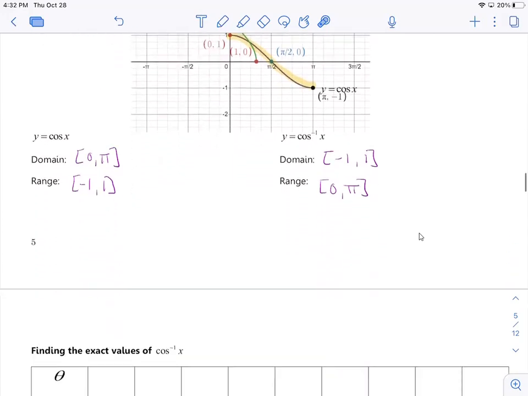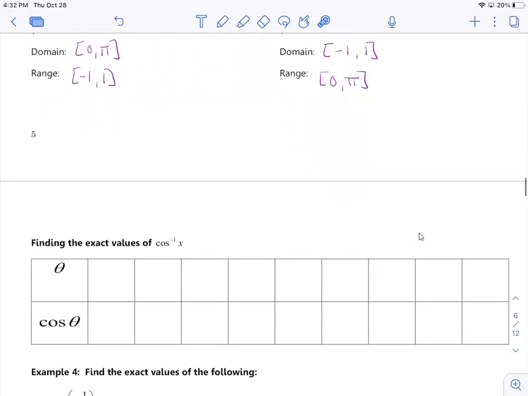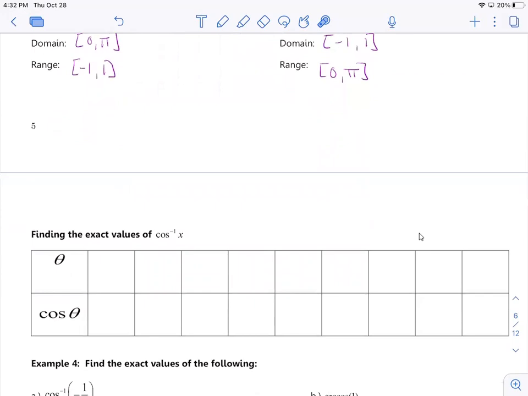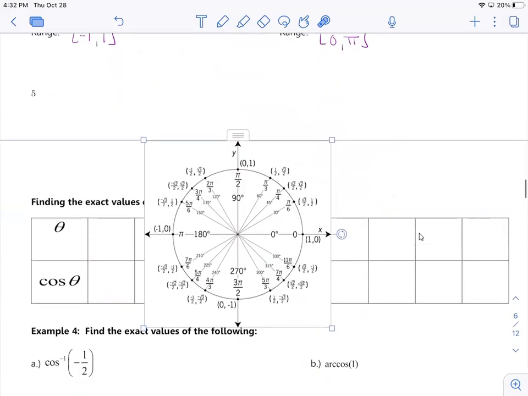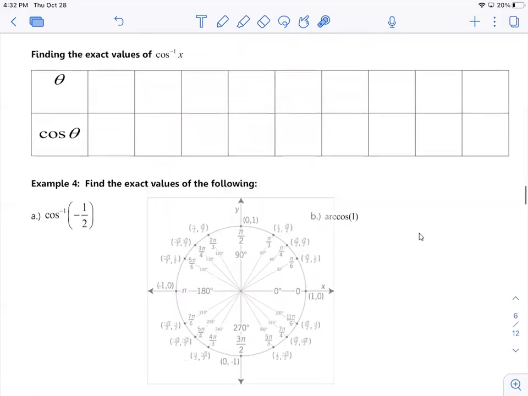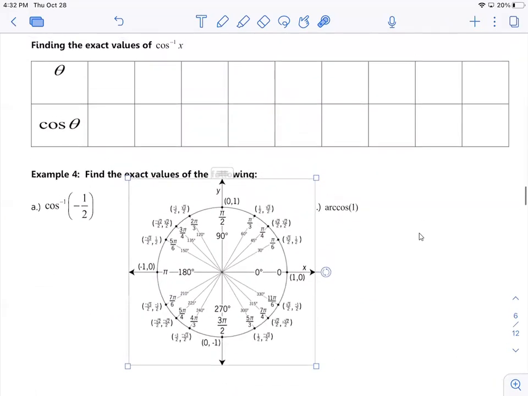All right, so now let's list all of these wonderful inputs and outputs so we have something to refer to. So I'm going to pull up this unit circle here. And now, because we restricted it, we are only looking from here to here for cosine, because otherwise it's not a function for the inverse.